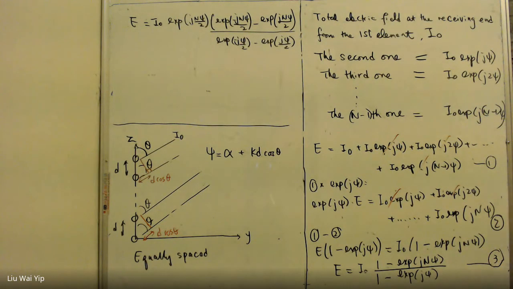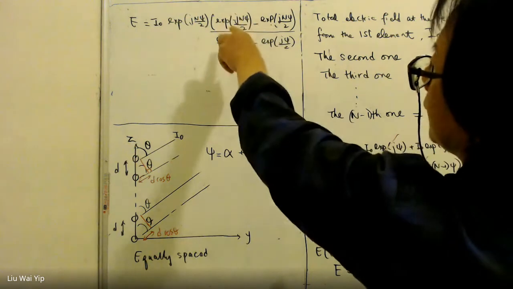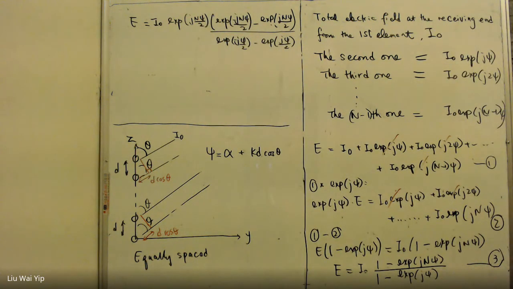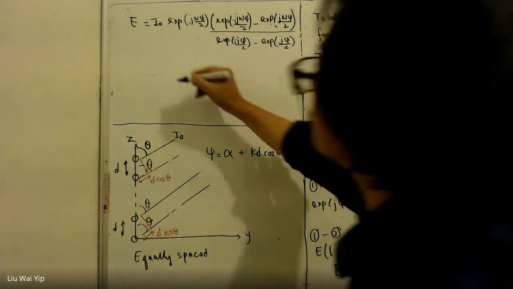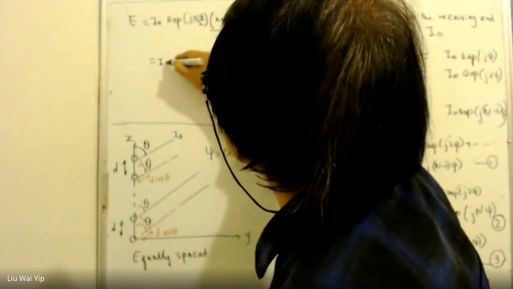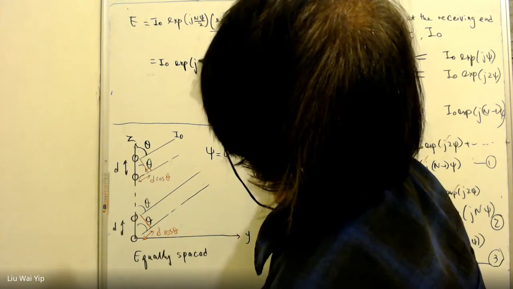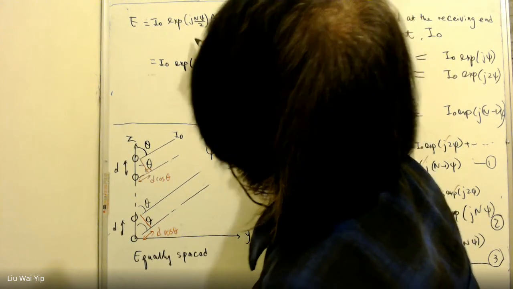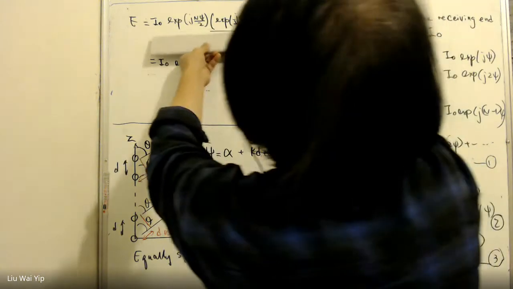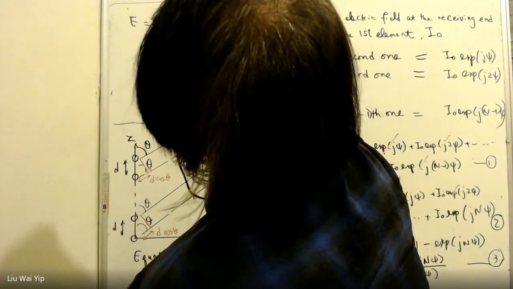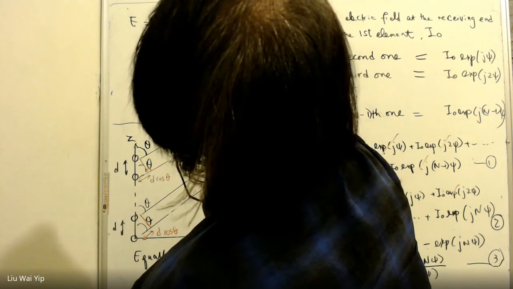So just by looking at the expression, if you divide the top and bottom by 2j, then you will be able to come up with a nice and clean formula. Oh, sorry, I forgot to write this.